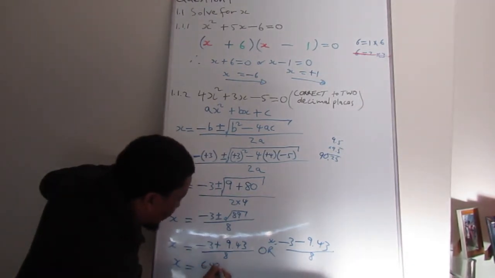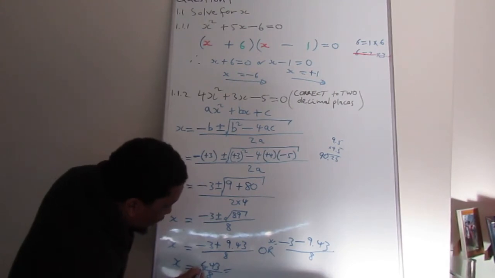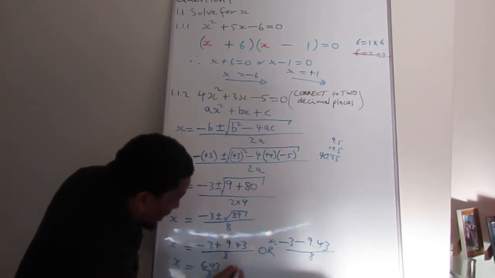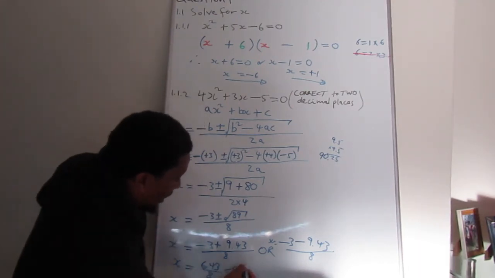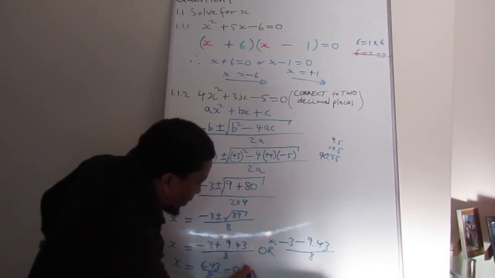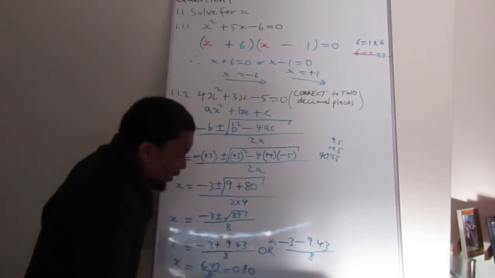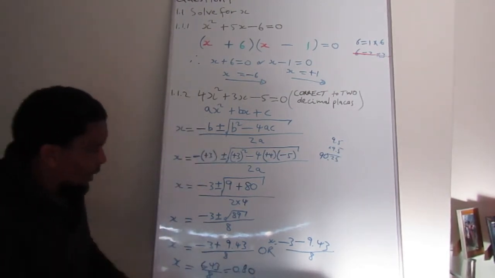Positive 6.43 divided by 8: 8 goes into 6 0 times, 8 goes into 64 about 8 times, so I'll get about 0.80. I have solved my x this side.